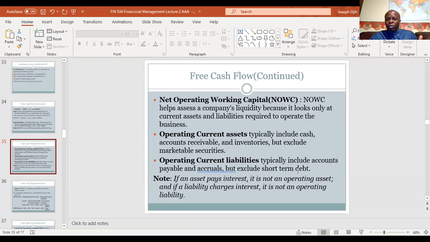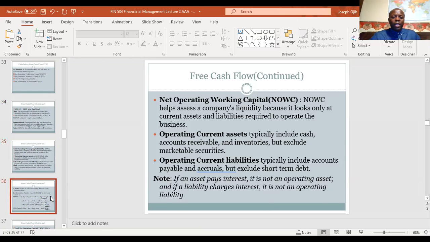So you only use those current assets and current liabilities that are involved in operations. The simplest way to say this is: if an asset pays interest, it is not an operating asset. And if a liability charges interest, it is not an operating liability.